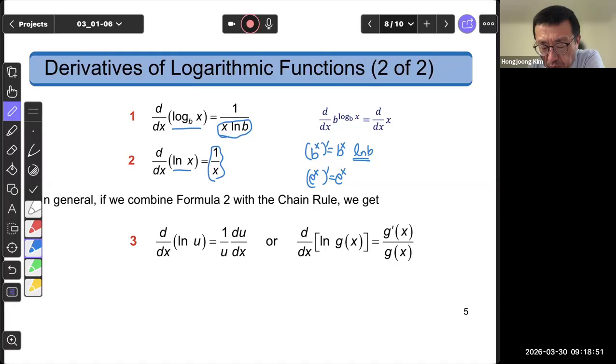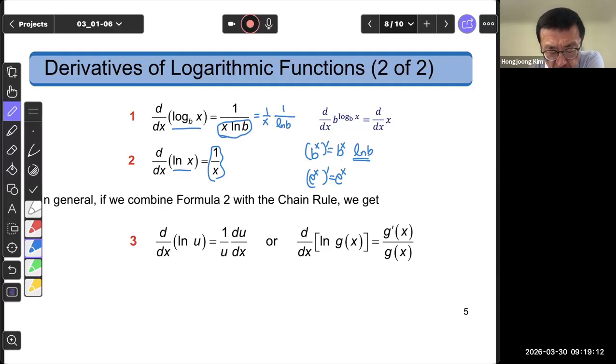Now, when you differentiate log of x with base b, you get 1 over x divided by ln b, and when b is e, you have just 1 over x.